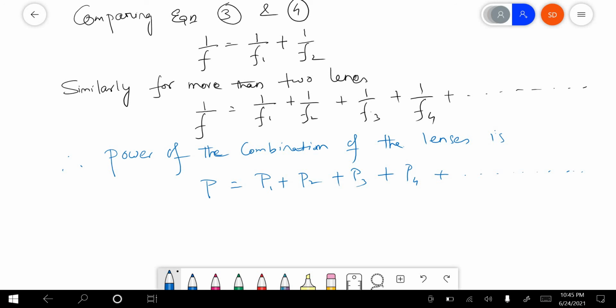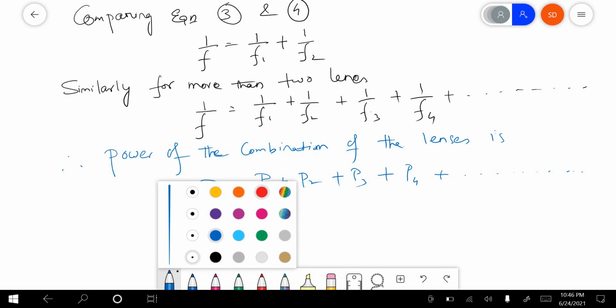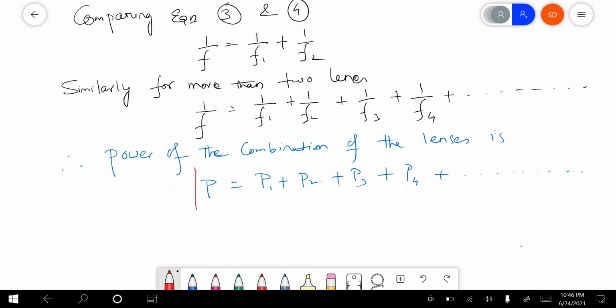So you can see that if we place a number of thin lenses in contact, their powers will be added up. The power of the combination of the lenses will be added up. This formula is very important from the examination point of view.